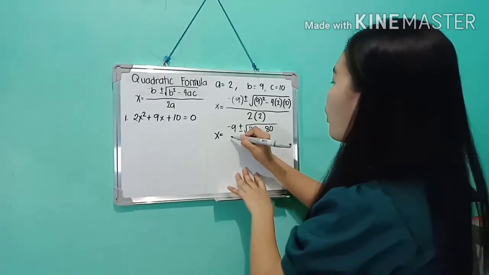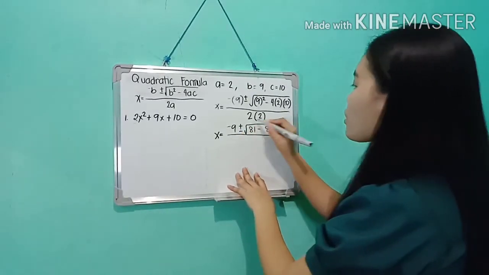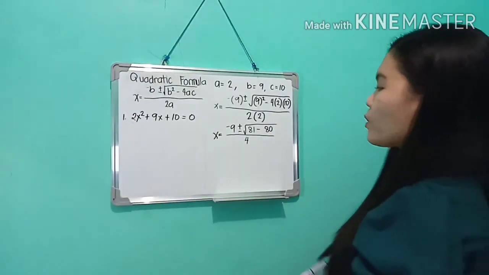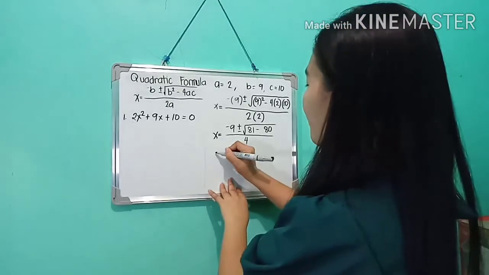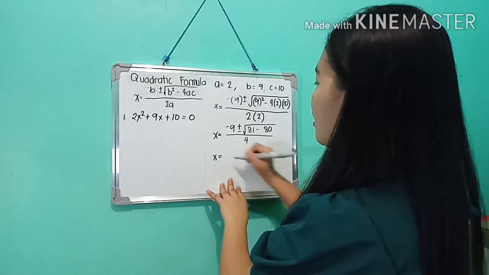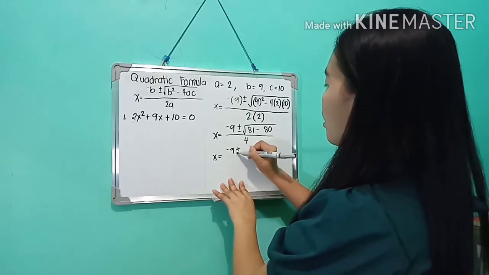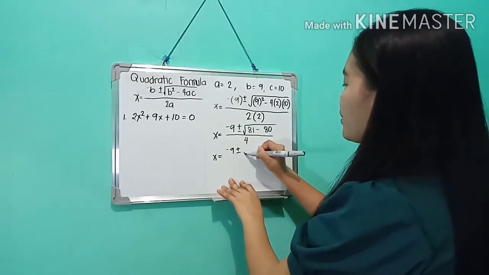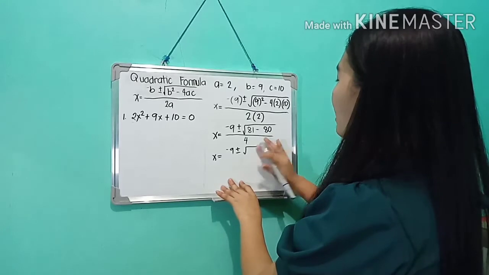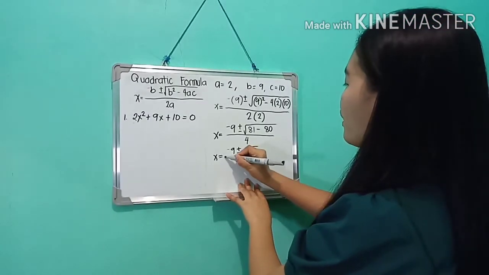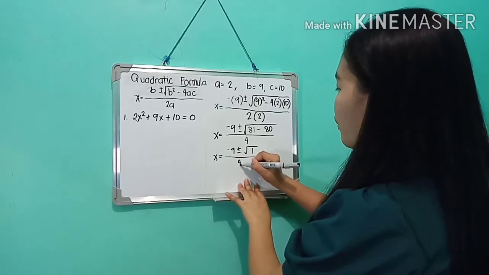All over 2 times 2 is equal to 4. So simplifying, we have x is equal to negative 9 plus or minus the square root of 81 minus 80, which is equal to positive 1, all over 4.